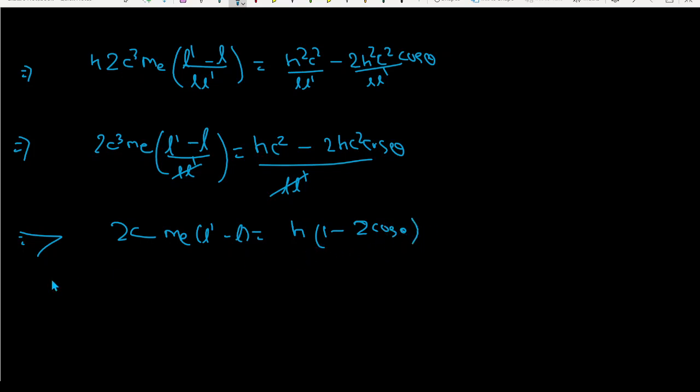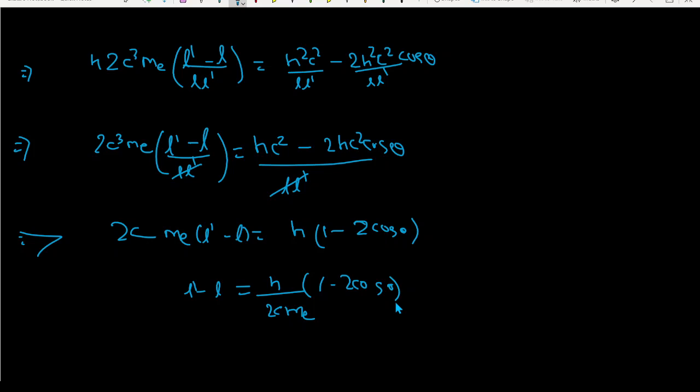Now if I take 2 here, it means lambda dash minus lambda is equal to h divided by 2c me, 1 minus 2 cos theta.